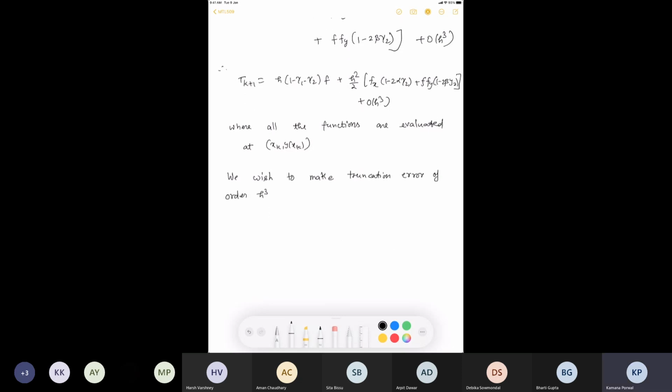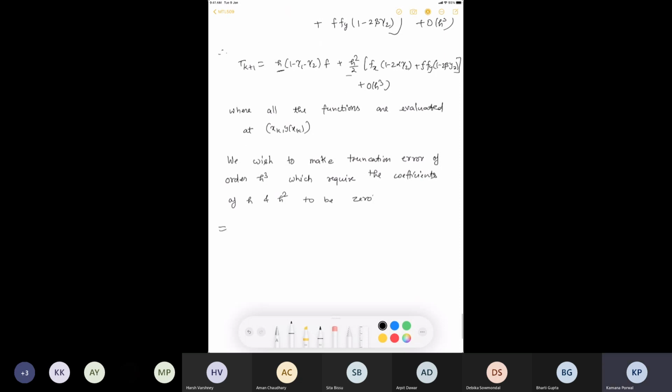So what we will require for this is that the coefficients of h and h square have to be 0.